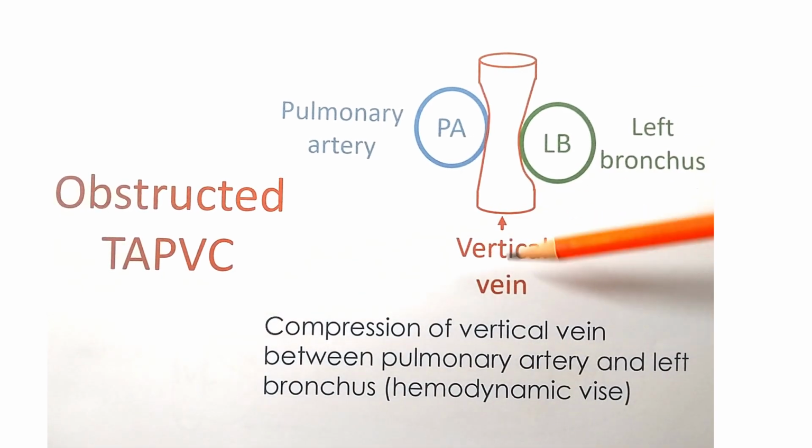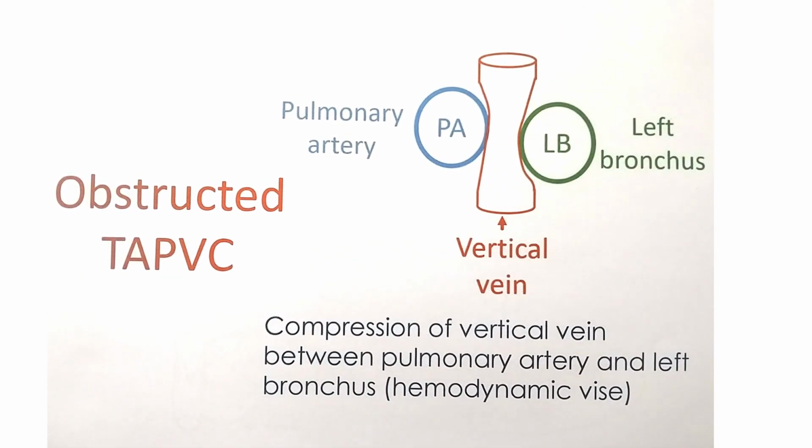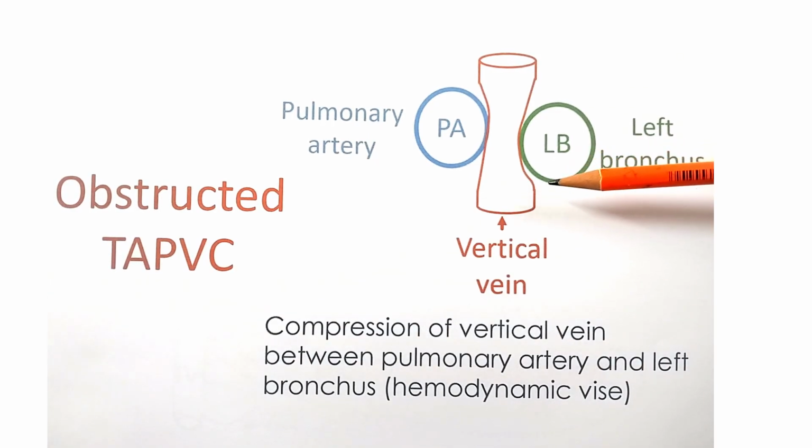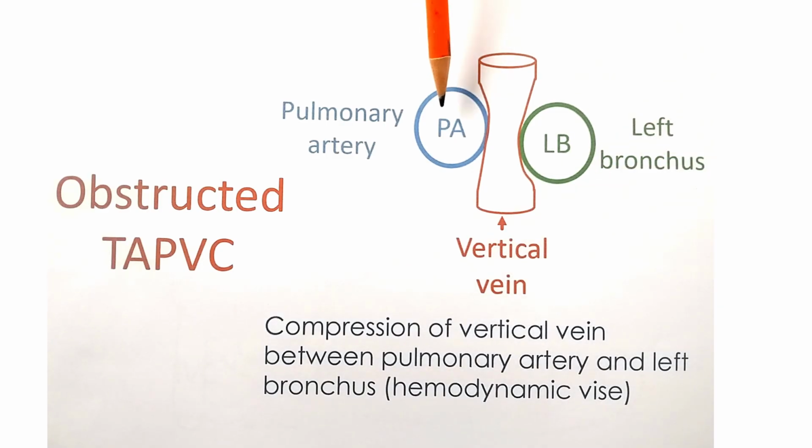That is because the vertical vein ascends between the pulmonary artery and the left bronchus. This can cause compression of the vertical vein between the pulmonary artery and left bronchus. This is known as hemodynamic vice. When the obstruction increases, pulmonary venous pressure increases. That causes transmitted back pressure, and the pulmonary artery also dilates due to increased pressure.